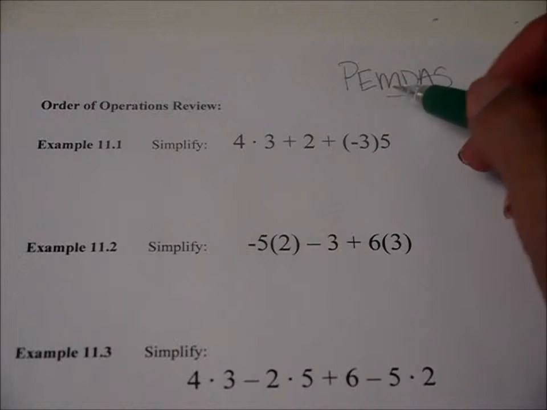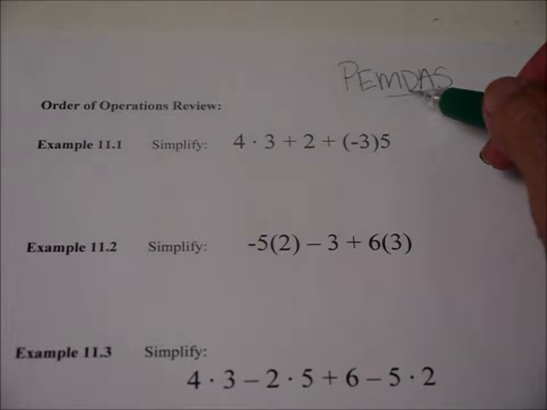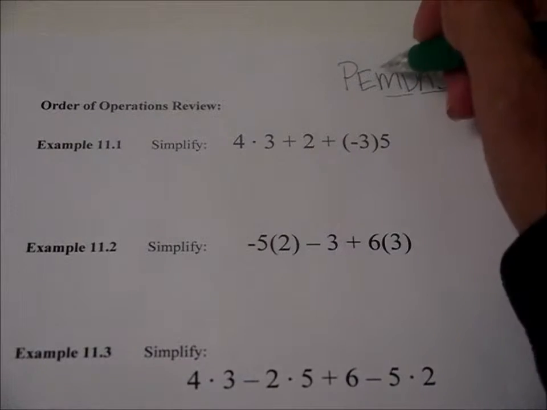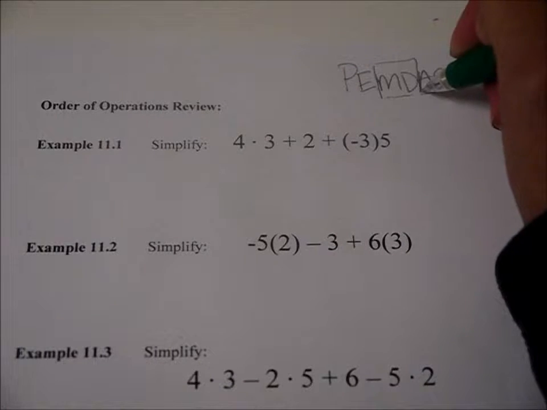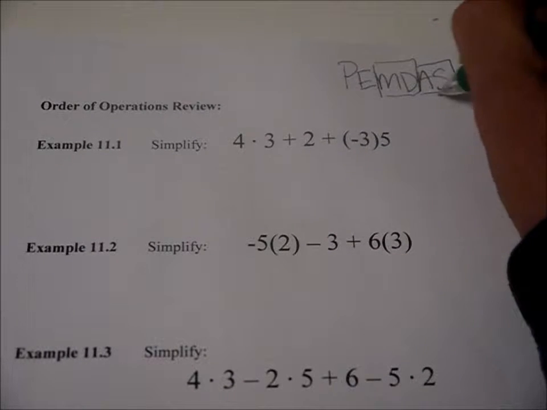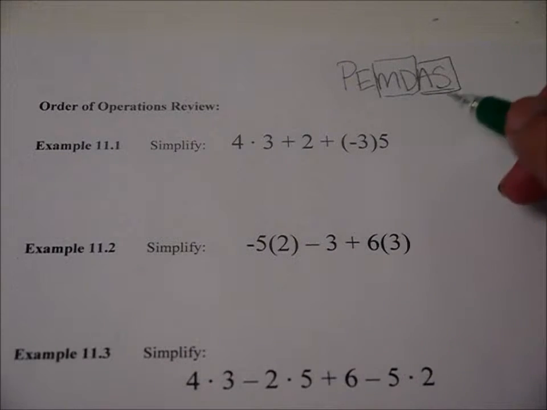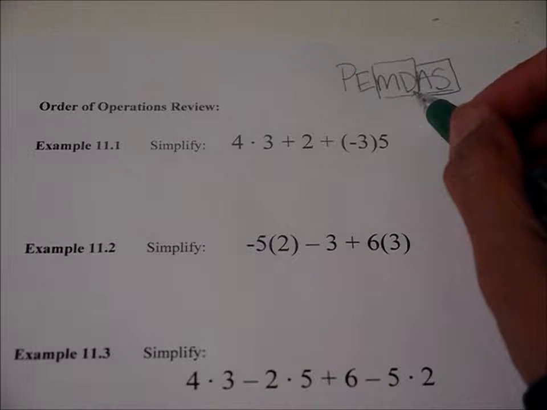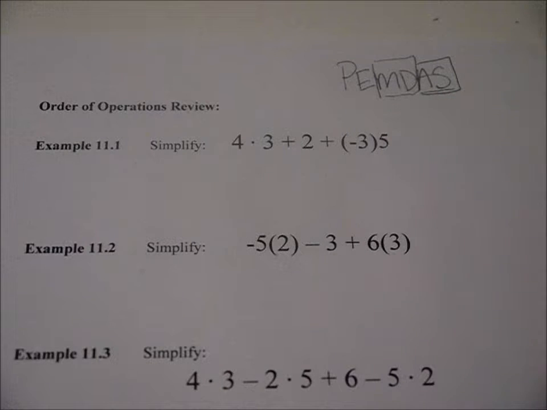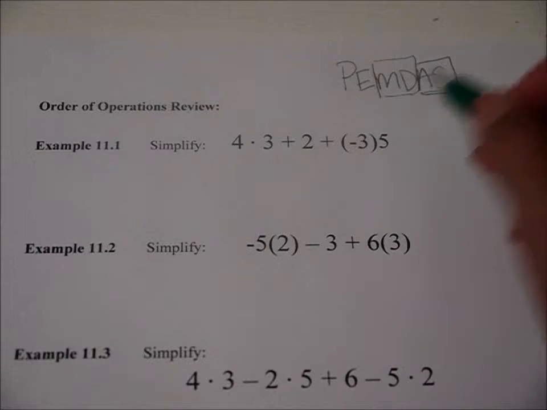People think that you always multiply before you divide, and that is not true. What it means is you multiply or divide before you add or subtract. Whatever comes first from left to right, you either multiply or divide. You don't always multiply before you divide. It depends on who comes in front.